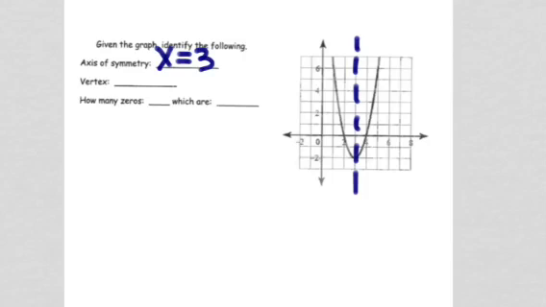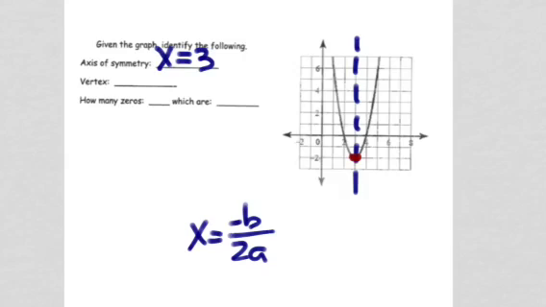If I had an equation, I would be using x equals negative b over 2a to tell me where that axis of symmetry is. Since I'm looking at a graph, I'm just looking for where it crosses the x-axis. It crosses the x-axis at 3. That's the middle. If you fold it on that spot, you'd get two matching sides.